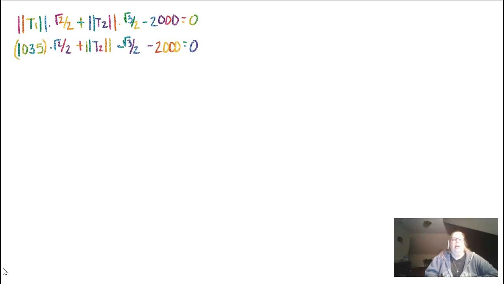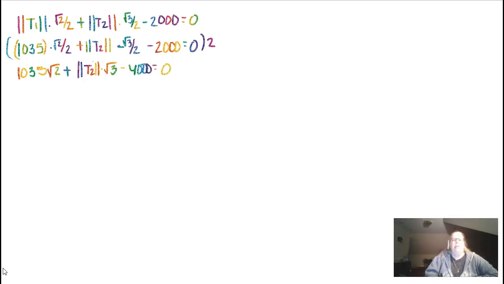All right, let's multiply everything by 2. This is just to eliminate the fractions. This will give me 1,035 times the square root of 2 plus the magnitude of T2 times the square root of 3 minus 4,000 is equal to 0.